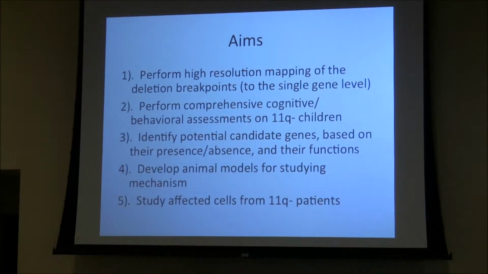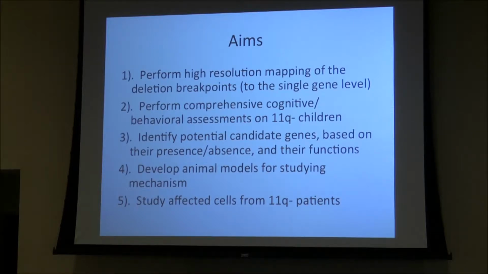So the aims are, one, to perform high-resolution mapping, i.e. using the array CGH that you've heard so much about now, to get a readout of the specific genes that are deleted, and to correlate that with the clinical phenotype, which you've heard already a lot about this morning, thanks to our colleagues here, Sarah and Natasha and others. And then based on that, to begin to identify potential candidate genes and what their function might be and how they may contribute to that phenotype.